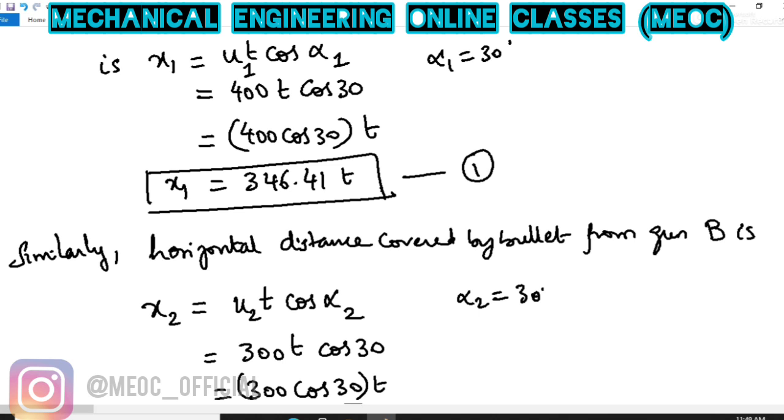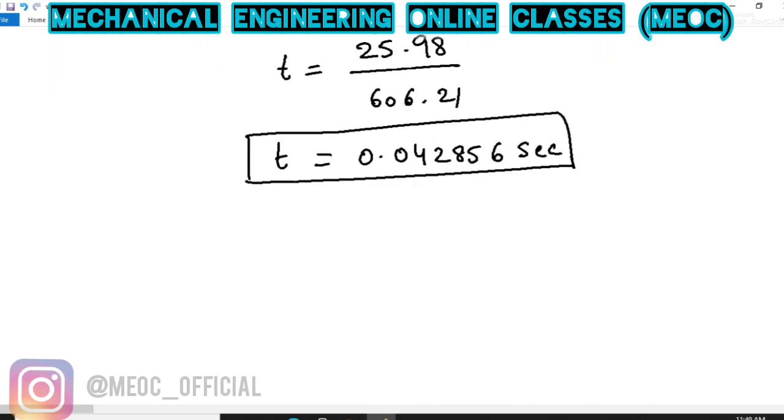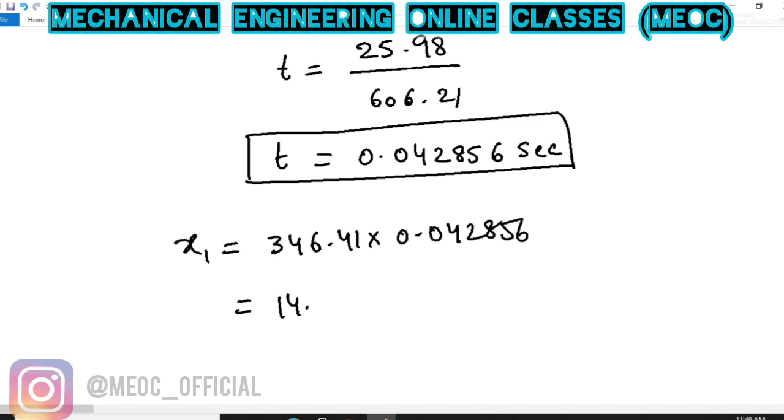So t is 0.042856. So this multiplied by 346.41 will give us the value of x1. So this is coming out to be 14.8459 meters. So the value of x1 is known.